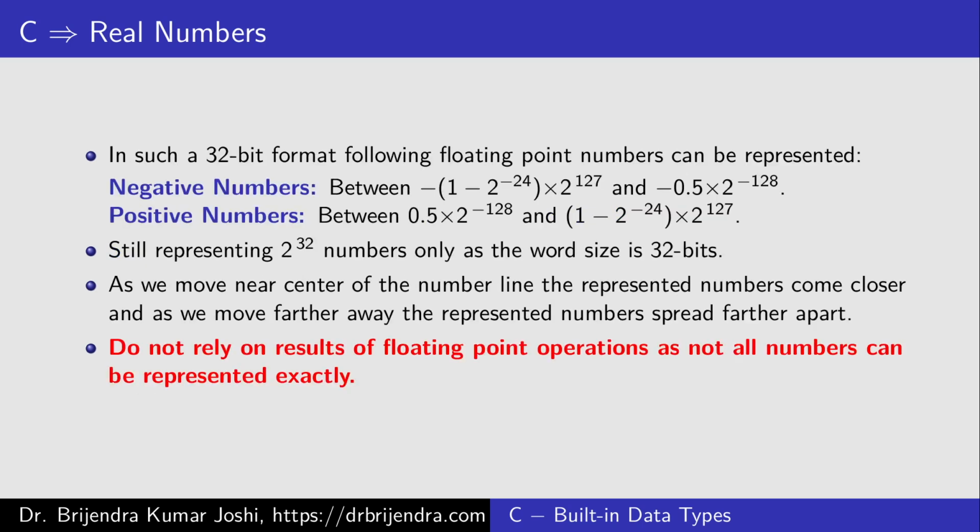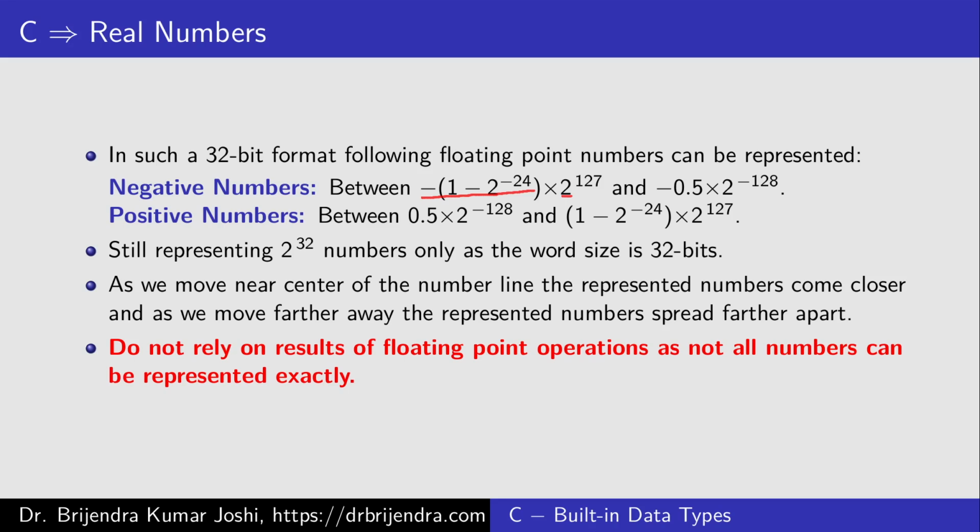In such a 32-bit format, the following floating point numbers can be represented. I have written here the numbers we can represent. Negative numbers lie between minus 1 minus 2 to the power minus 24, multiplied by 2 to the power 127.